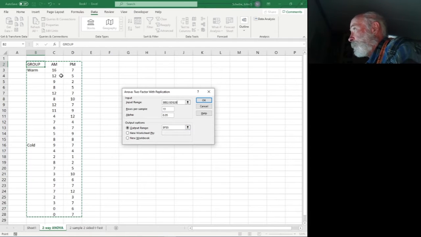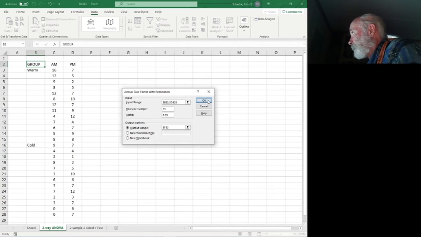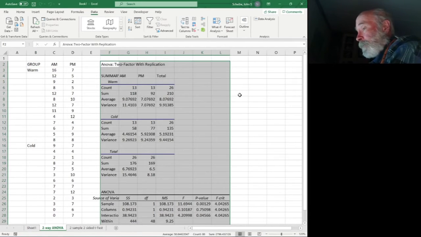I have 13 rows for each group, so 1, 2, 3, 4, 5, 6, 7, 8, 9, 10, 11, 12, 13. That's 13 up here and 13 down here. I'm going to use an alpha value of 0.05, and then my output range, I'm going to put that right here. So then I just have to click OK, and there are the results.